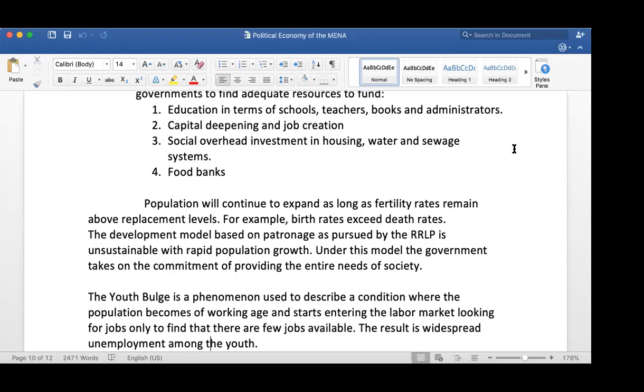In 2010, it was 43.9. So again, the labor force participation rate is very low. Now, compared with developed countries, the labor force participation rate is usually around 70%. Here in Algeria, it's about 43%.